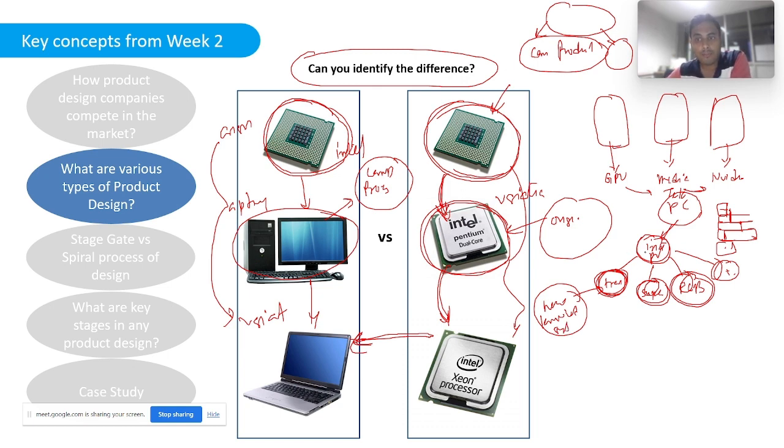At that time, your Intel processor is actually an adaptive design, because you are using an original product to create a different version of a product.